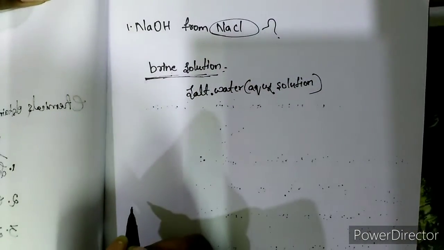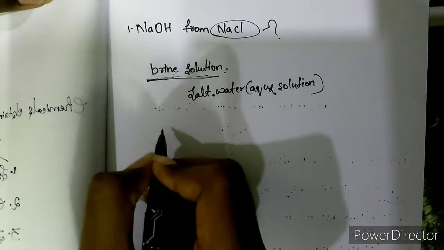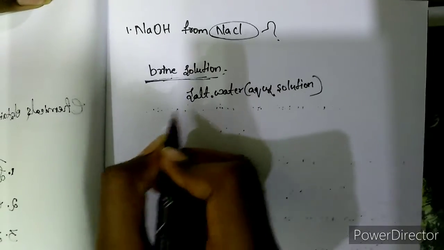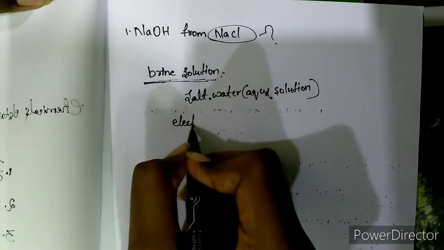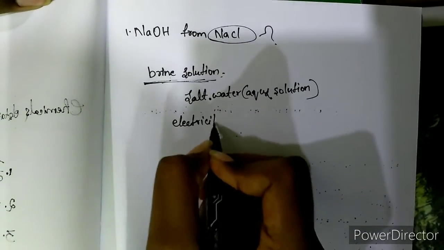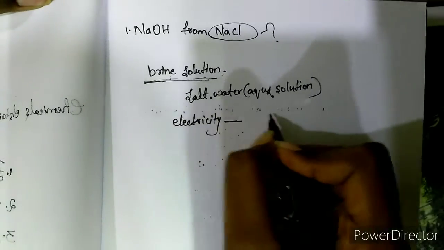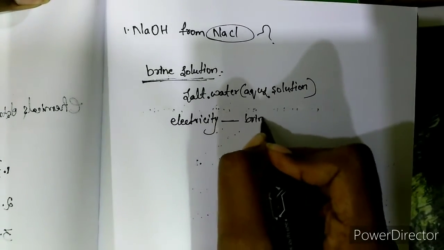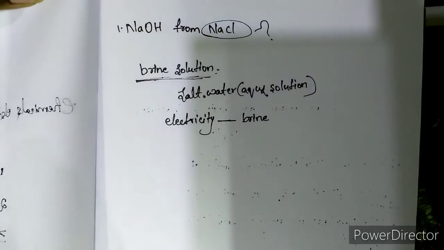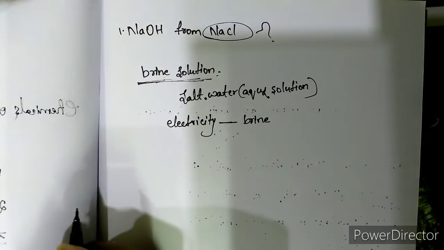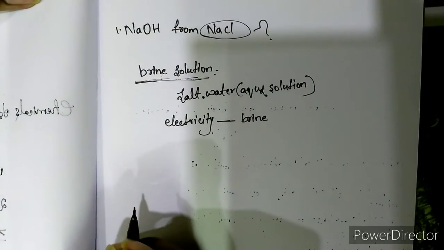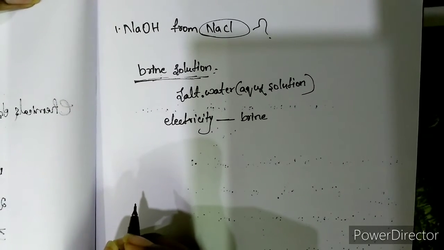So if we take the brine solution and pass electricity through brine, then sodium hydroxide is formed. It decomposes to form sodium hydroxide.